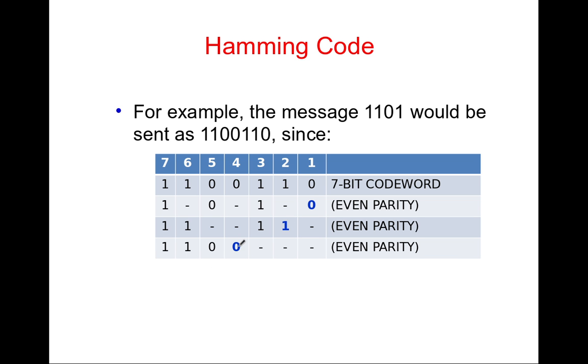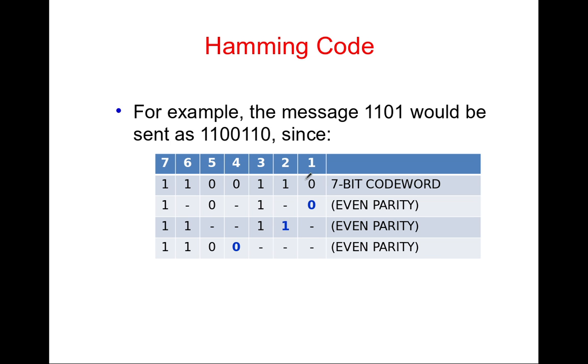Similarly, for the fourth check bit, the data bits will be 5, 6 and 7. Here they already have even parity, that's why the fourth check bit will be 0. So here we get all the check bits, and now we can have the code like this, because we only had the values for 3, 5, 6 and 7, and did not have the values for 1, 2 and 4.